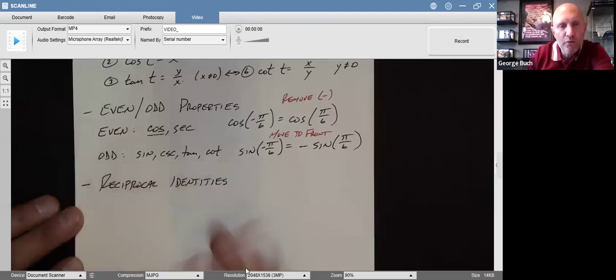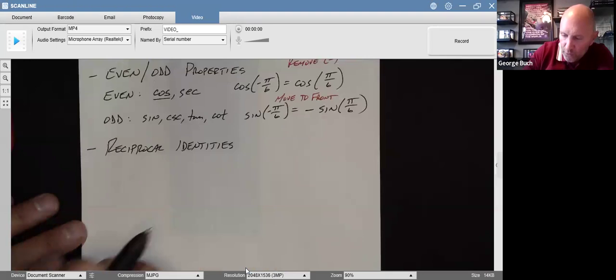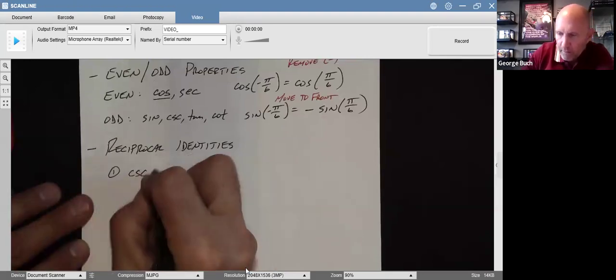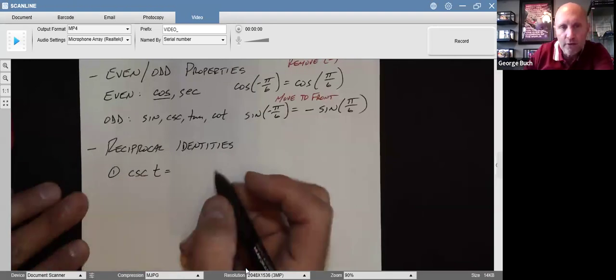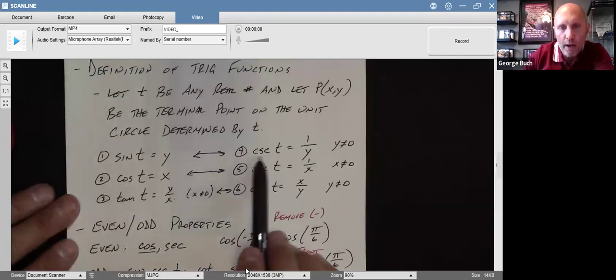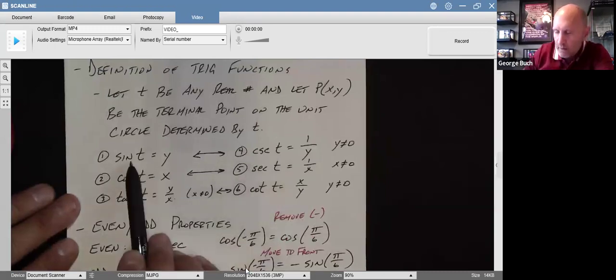So reciprocal means what? It means we're just flipping a fraction. And so cosecant of t, well, if we look back here at the very start, cosecant of t is 1 over y. Well, what's y equal to? Sine of t.